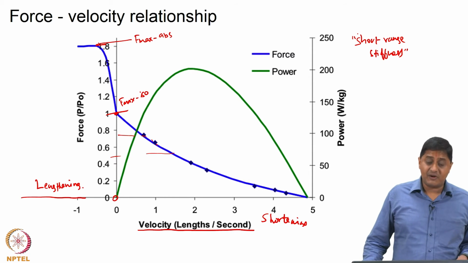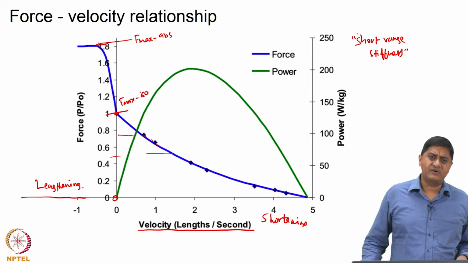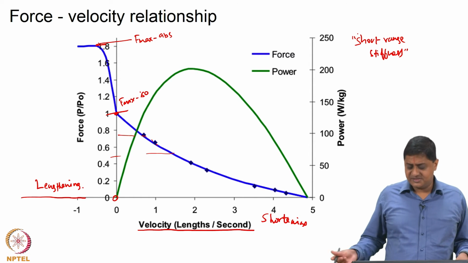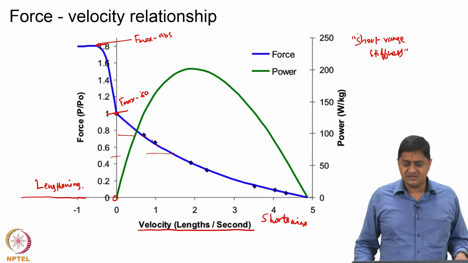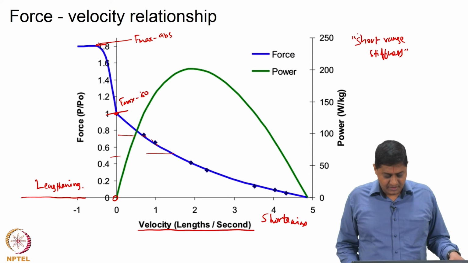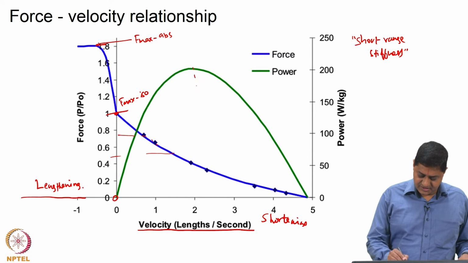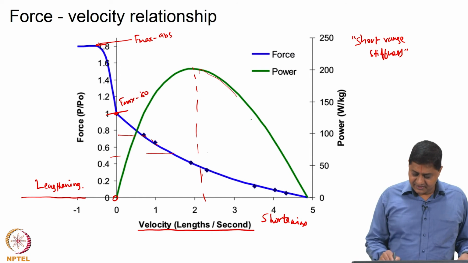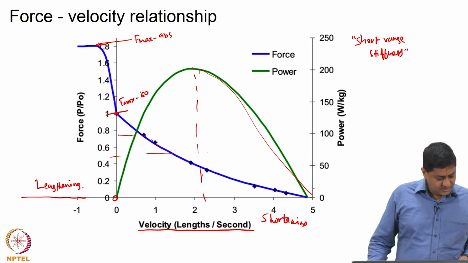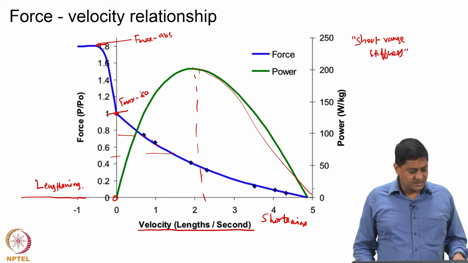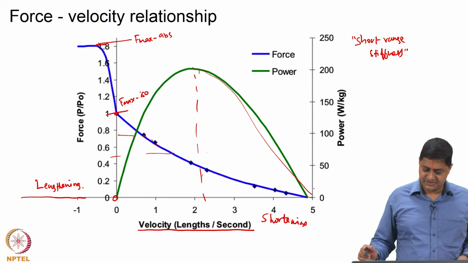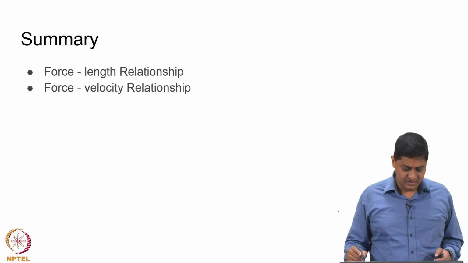Also, what happens with power? What is the relationship between power and force? Basically, power is the product of force and velocity, is it not? So, that increases until some velocity and then it decreases. Right. So, essentially these two relationships, what are these two relationships?